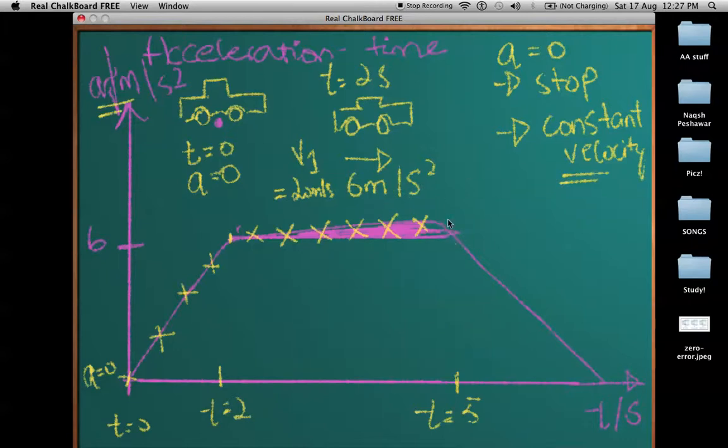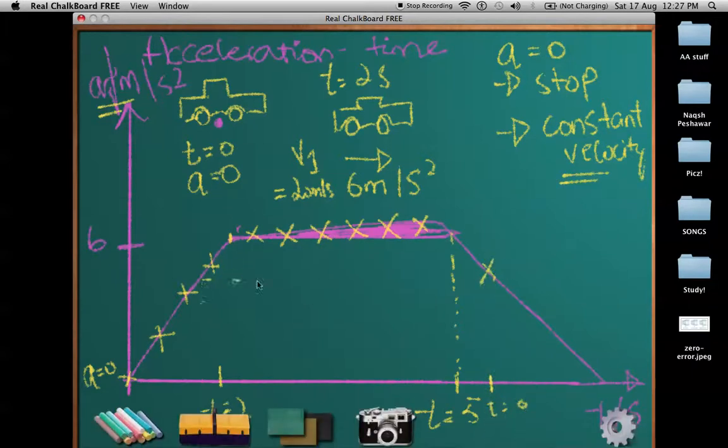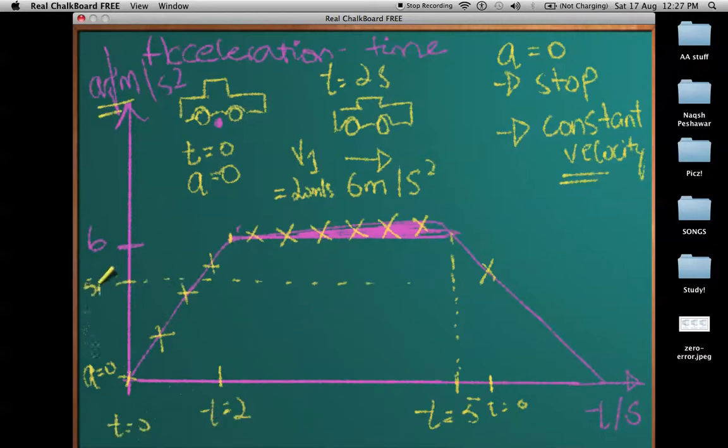Now, after t equals 5, the acceleration starts to decrease. For example, let's say at this point, t equals 6, the acceleration is 5 meters per second squared. Always remember, this does not mean that the velocity is 5 meters per second.